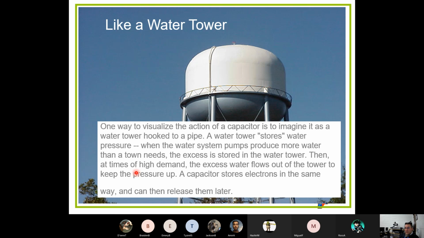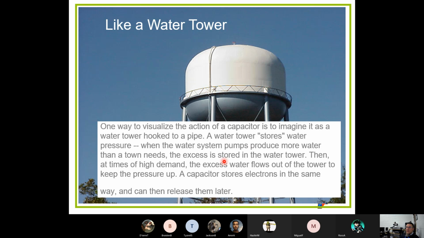When the water system pumps produce more water than the town needs, it fills up this water tower. Then as the town needs more water, it can release that water later as the town needs it. And that's basically what it does.